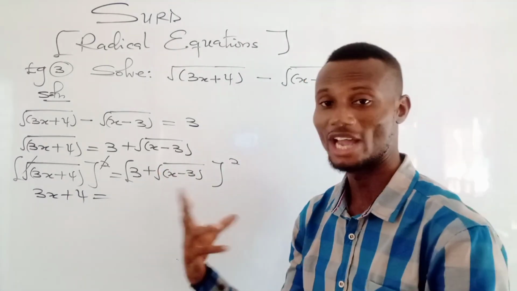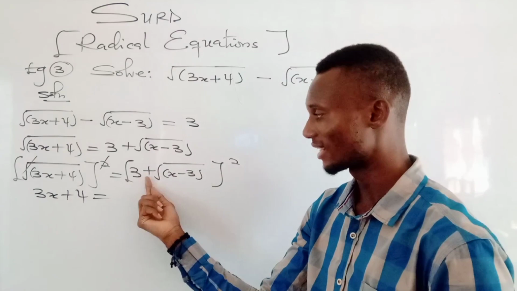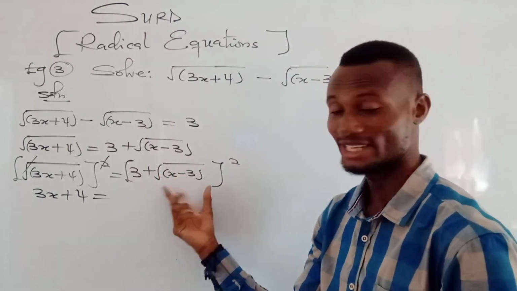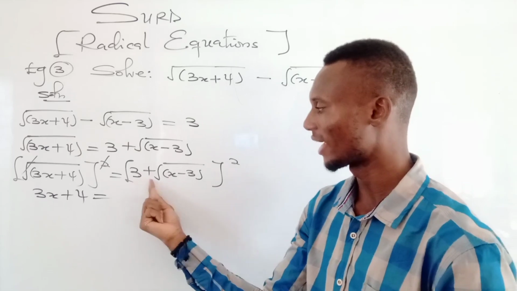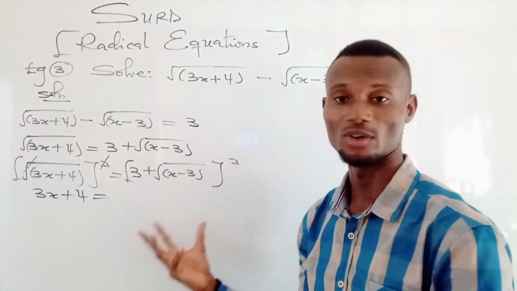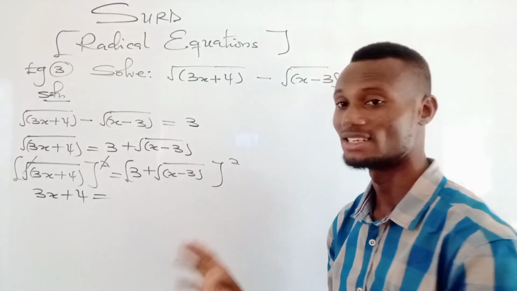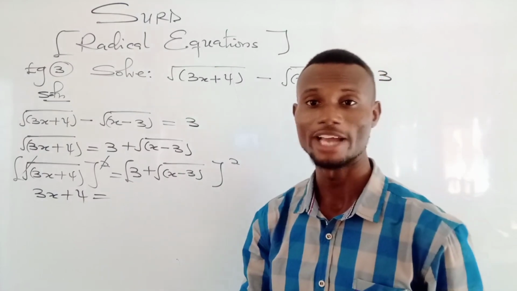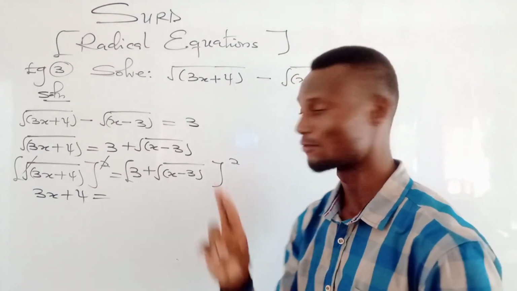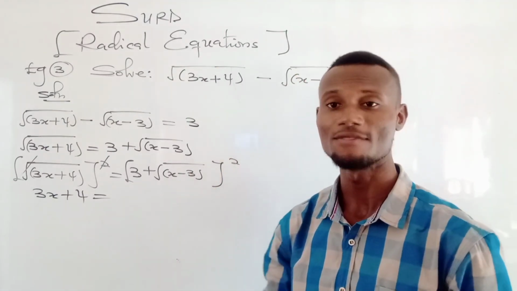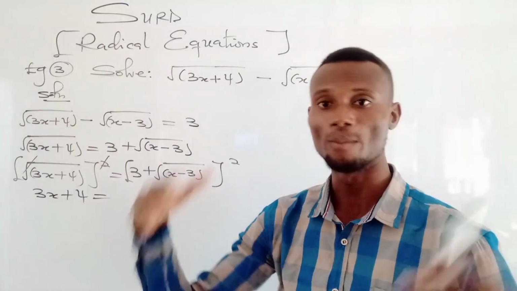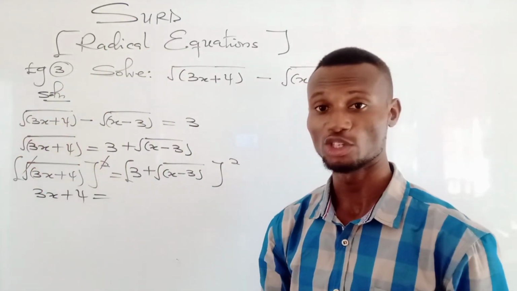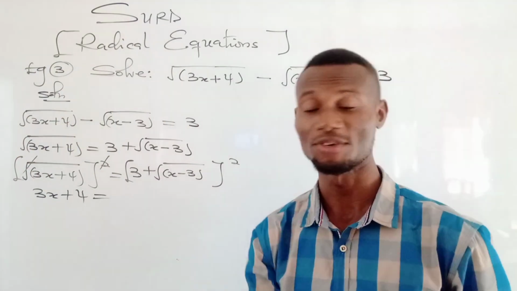So for you to expand it, you repeat this 3 plus root s minus 3 in one bracket, multiply another bracket which also contains 3 plus root s minus 3. That's how to go about it. But I've taught you a short process of doing this. When you have an expression which is raised to the power 2, or being squared, I've taught you a short method of doing it in the previous video.